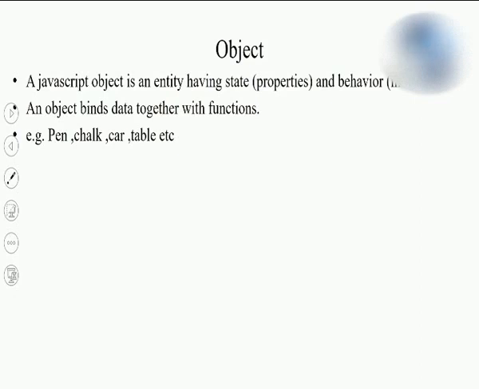So these are the properties of chalk. In the case of a car, it has a model number and a color. All these are the properties of the object. What are the methods? For example, chalk can write, a car can move or stop or brake. So these are the methods associated, which can change the properties of the object. So these are the properties and methods of the object.